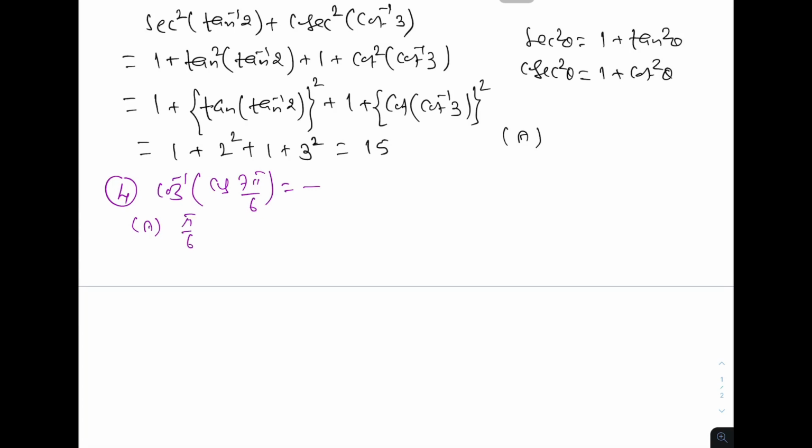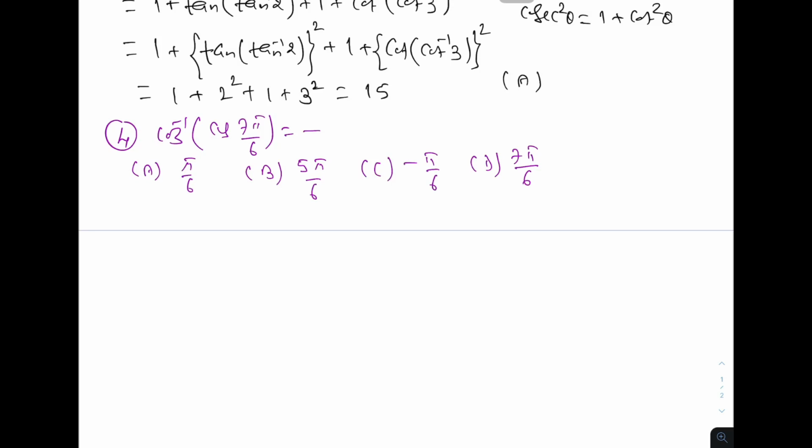Options are pi by 6, 5 pi by 6, minus pi by 6, and 7 pi by 6. So here, cosine inverse cosine 7 pi by 6.